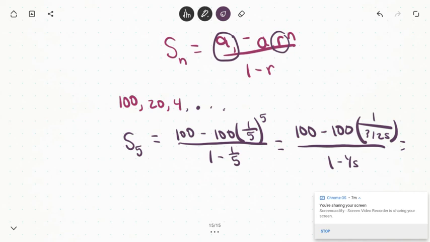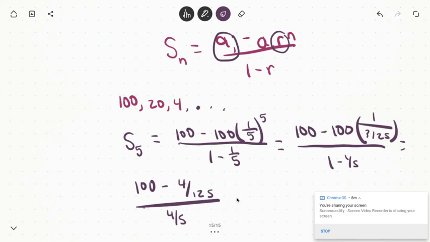I get 4 over 125. So 100 minus 4 over 125, over 1 minus 1/5, would be 4/5. 5/5 minus 1/5 would be 4/5.